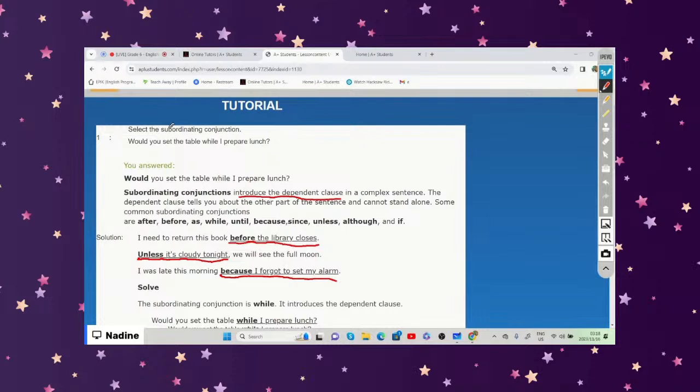All right. So we're going to select the subordinating conjunction, right, within the sentence. It says, would you set the table while I prepare lunch? So would you set the table while I prepare lunch?